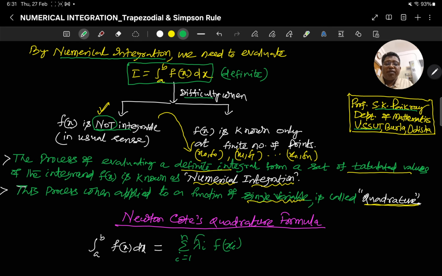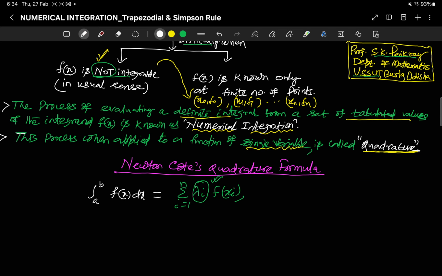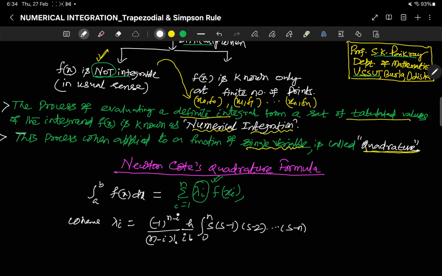Our interest is in finding lambda i, and we substitute it here, where lambda i is equal to (minus 1) to the power n minus i divided by (n minus i) factorial into i factorial, times h, and integral 0 to n of s into (s minus 1) into (s minus 2) and so on up to (s minus n), divided by (s minus i), ds.